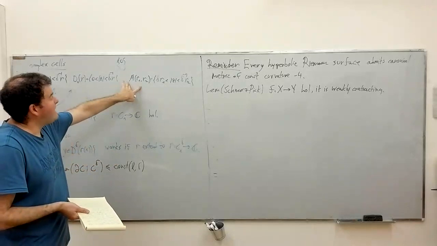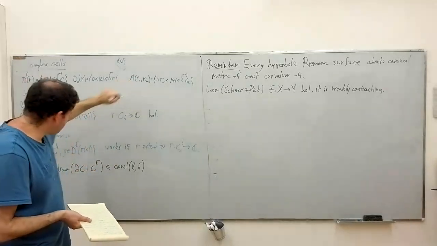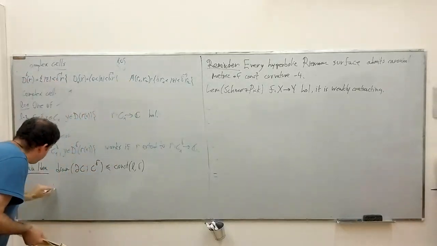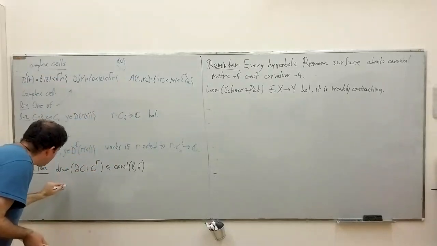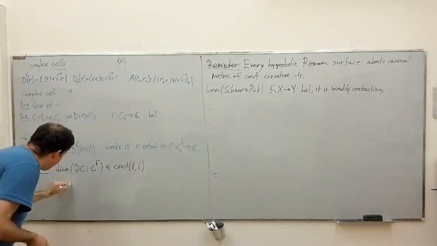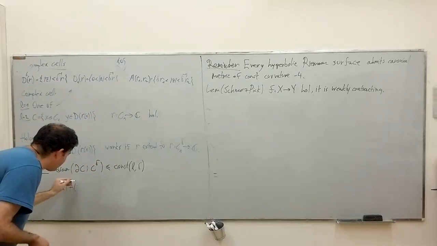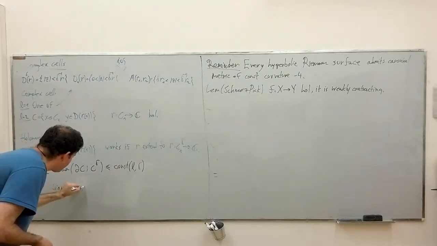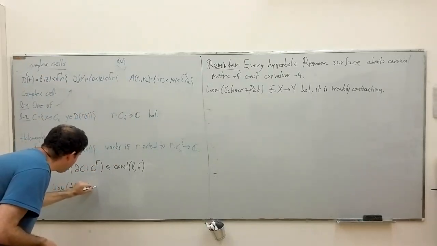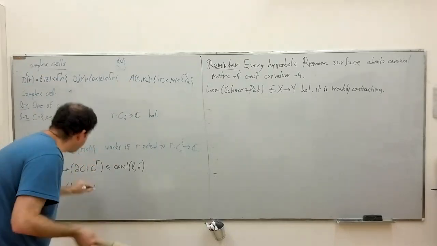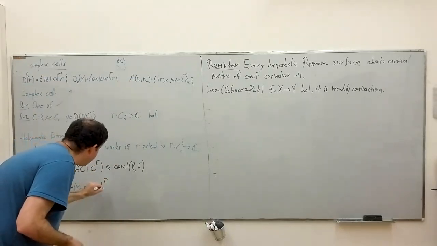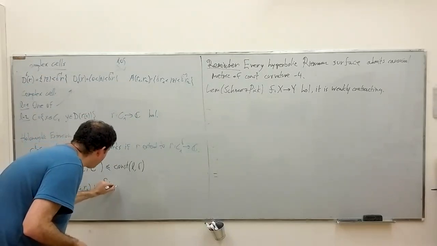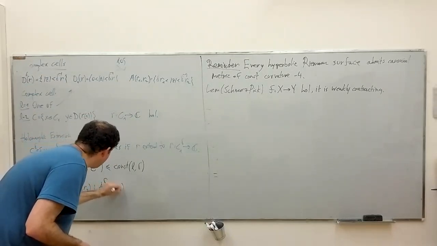You can also ask it for the annulus. And for the annulus, it's not true. If you look at the diameter of the annulus A, R1, R2 inside the metric of the bigger annulus, A delta, R1, R2, this is actually not a constant.